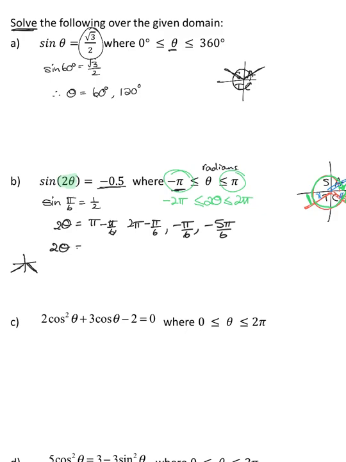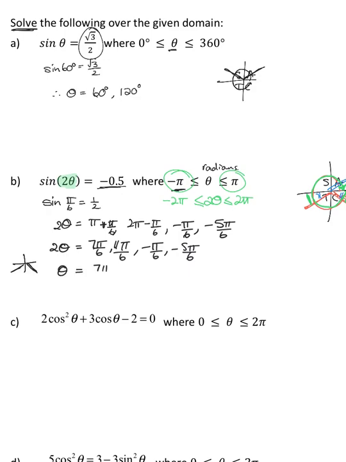So 2 theta equals that one. The first one will be 7 pi over 6. This will be 11 pi over 6, minus pi over 6, minus 5 pi over 6. Now we've got to divide everything by 2.